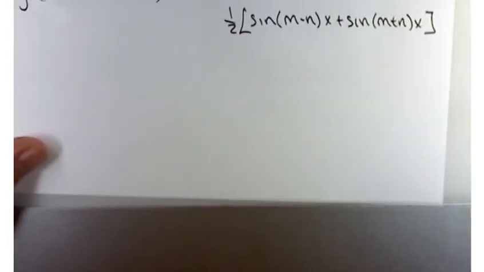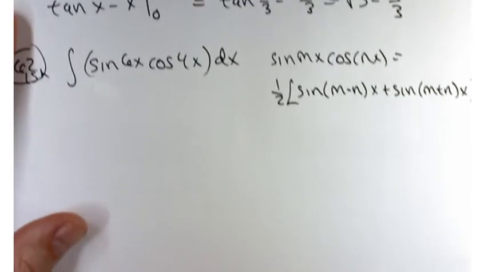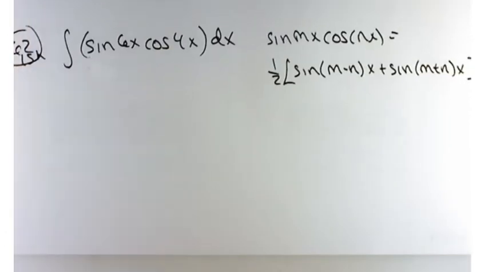Sine of mx times cosine of nx equals 1/2 times the sine of m minus n times x plus the sine of m plus n times x.